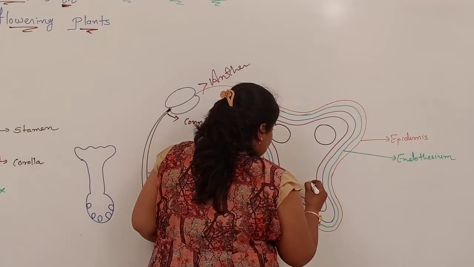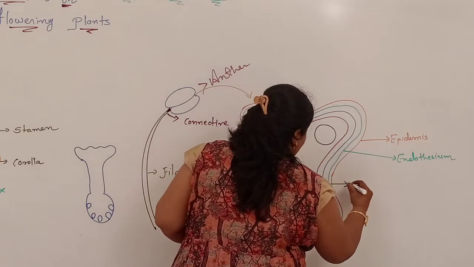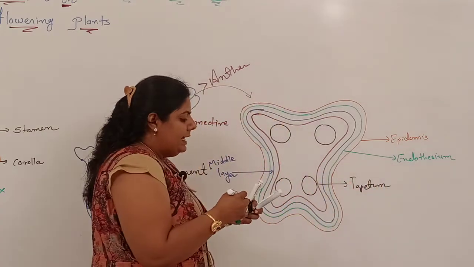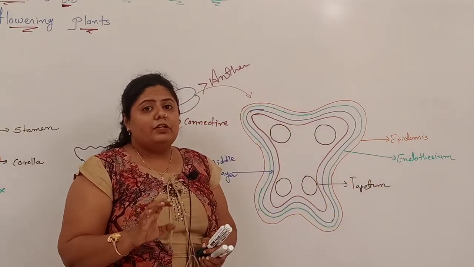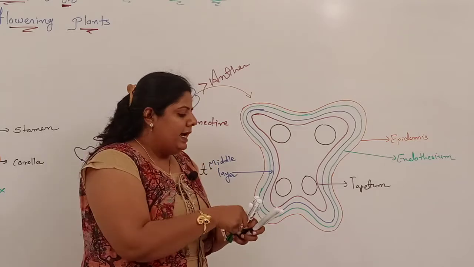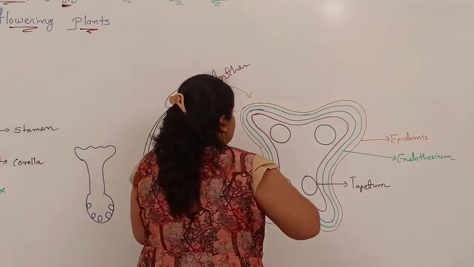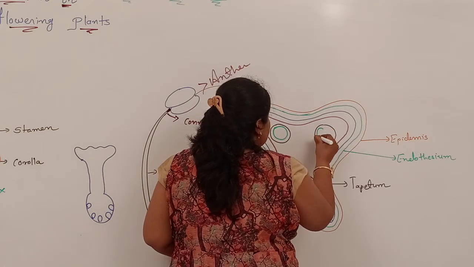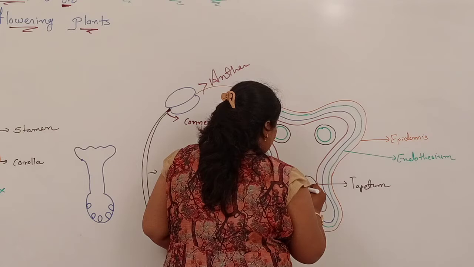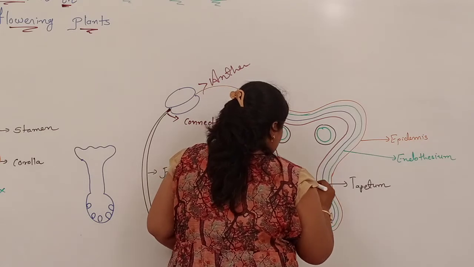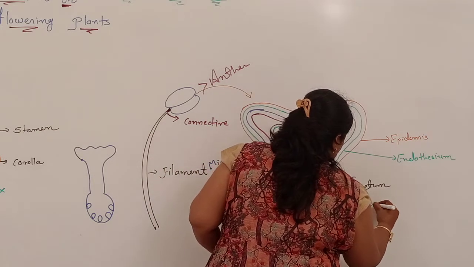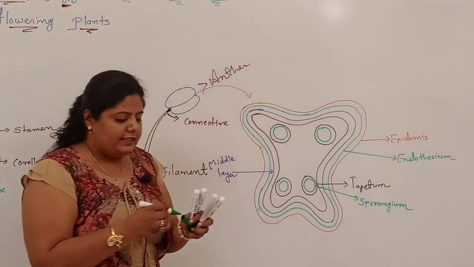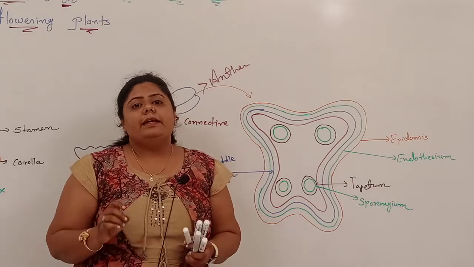This black layer is the tapetum. Tapetum contains highly condensed cytoplasm with more nuclei. Directly after the tapetum, there is a sporangium. Inside this sporangium, pollen grains are formed. Inside the sporangium, pollen grains will develop.